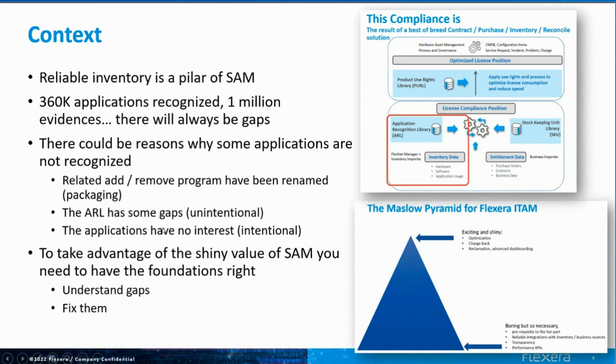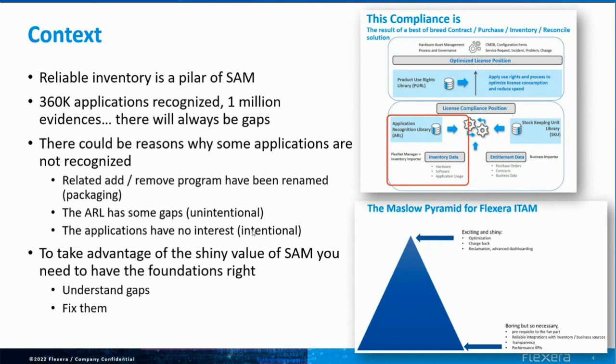And a second thing, which is intentional on our side, is that we can't recognize all applications. There are millions of applications, so we intentionally focus on the commercial applications. We have a tier-based approach, so tier one vendors such as Microsoft, Oracle, IBM, Adobe. There is a number of vendors by tier, and we try to be as exhaustive as possible.